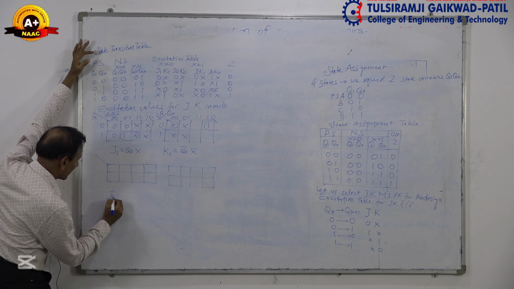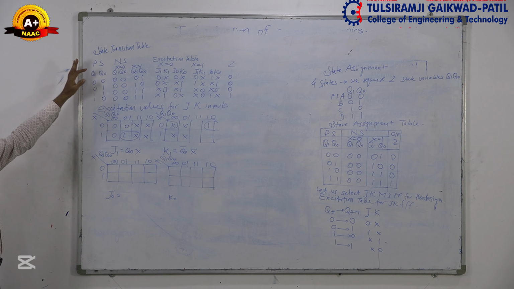We are finding the excitation values for J0 and K0. So here Q1 Q0 x, with 0 0, 0 1, 1 1, 1 0 and x as 0, 1.